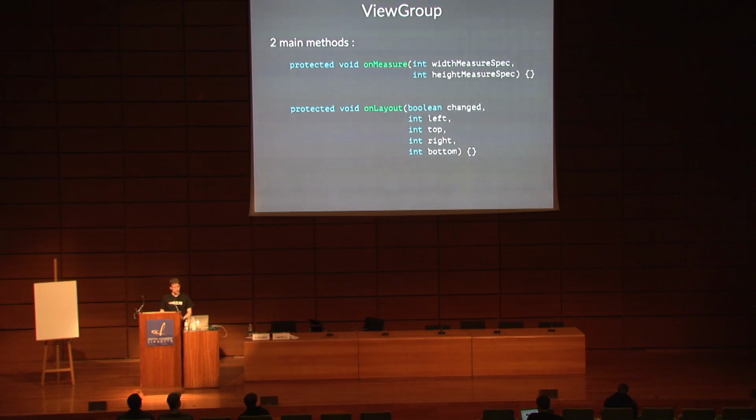You just have to do that in order to satisfy the contracts of the platform. In onLayout, you just have to tell each of the children where they are going to go exactly.